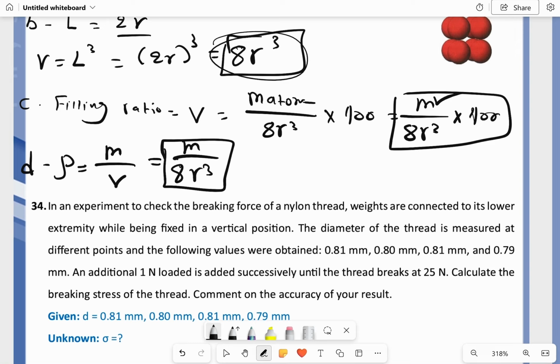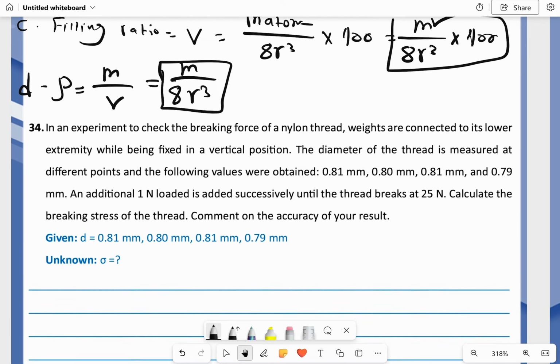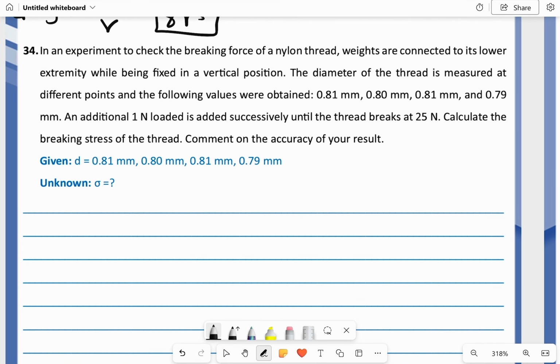Question 34. In an experiment to check the breaking force of a nylon thread, weights are connected to its lower extremity while being fixed in a vertical position.